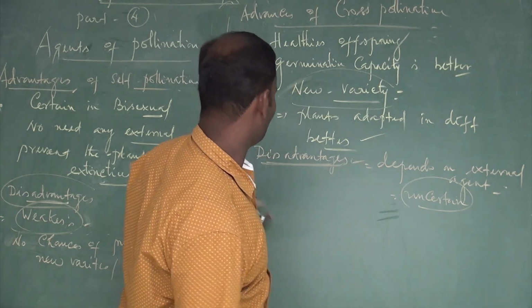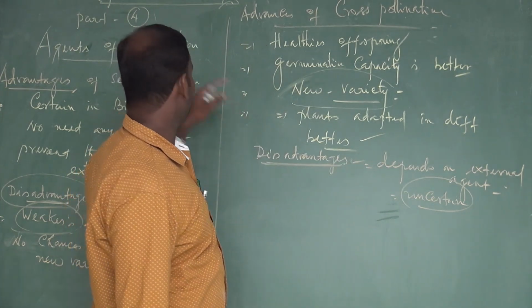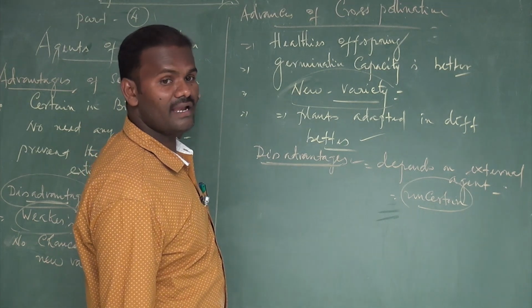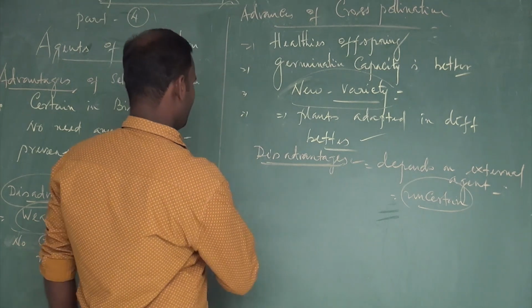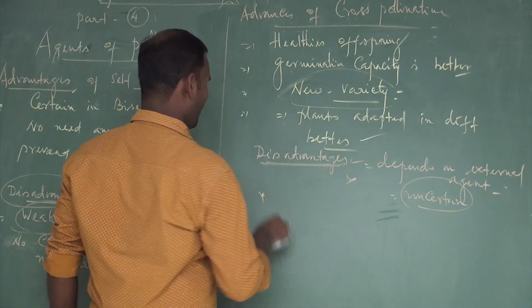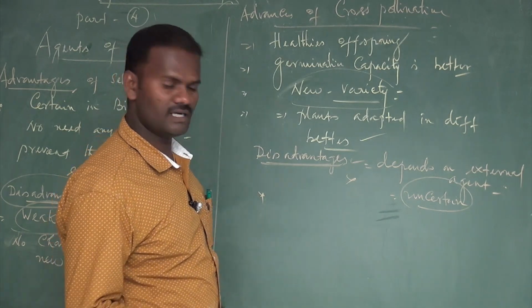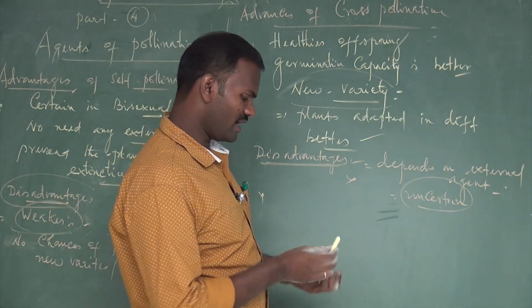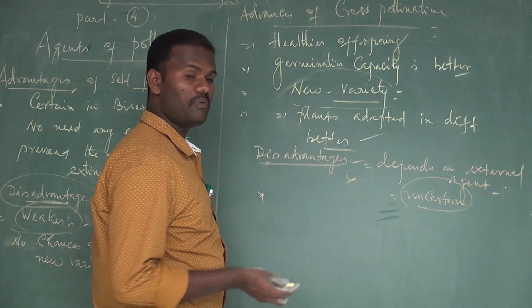Definitely cross-pollination depends on them, whereas in self-pollination they do not depend upon any agency for pollination. Another one is that different mechanisms must be adapted to attract the pollinators.